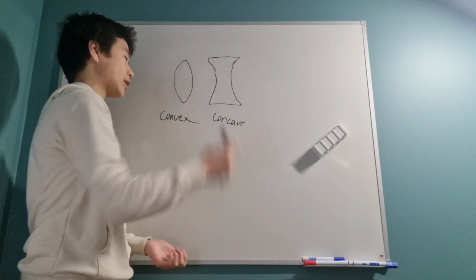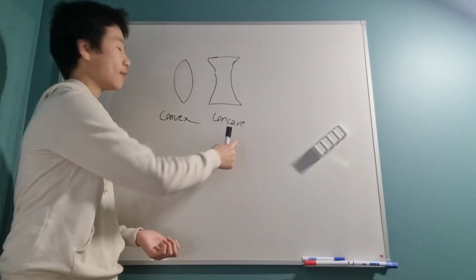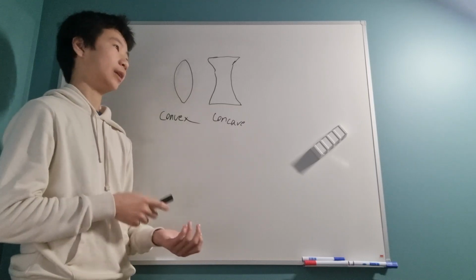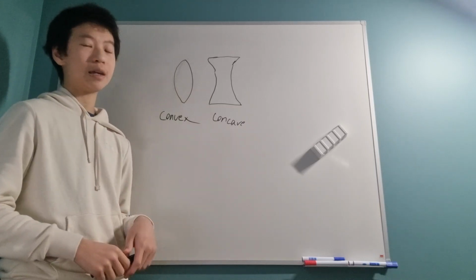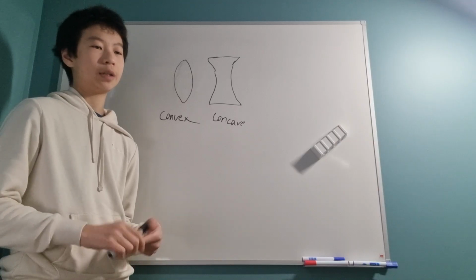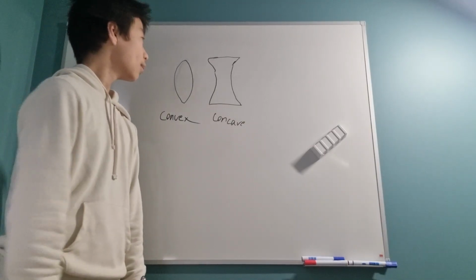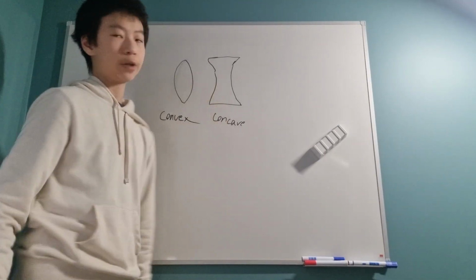And convex, just remember that it's not concave, or you can remember that it looks like a water drop that is symmetrical top to bottom, and both of these focus light differently.